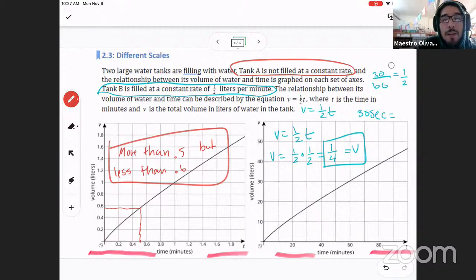Type into the chat box what you think. I'm not going to call on people to explain their answer. This is simply for participation. Which one do you think is going to have more water at 30 seconds?